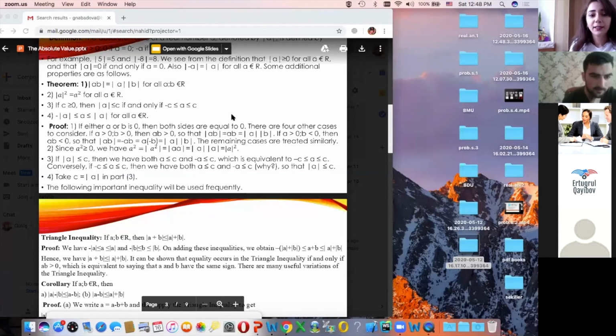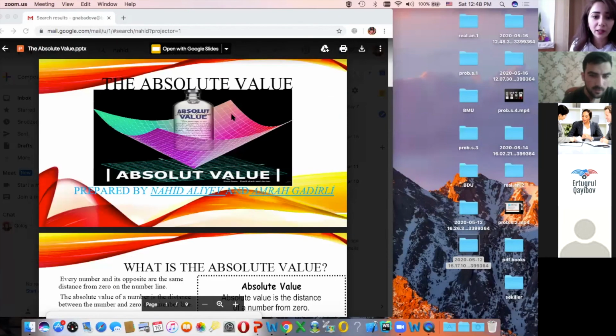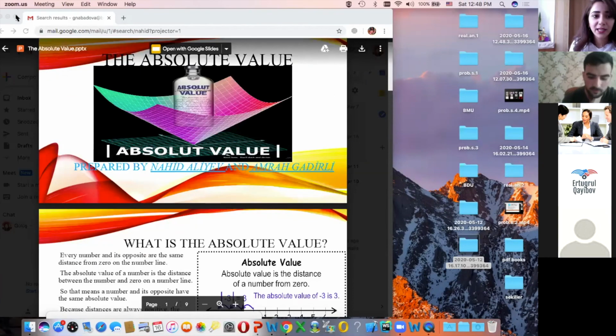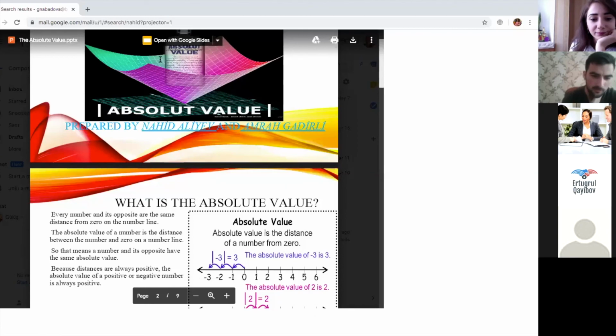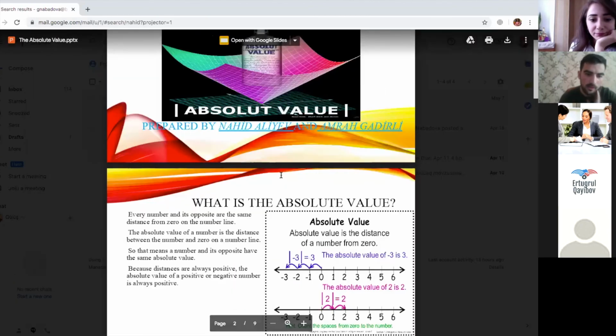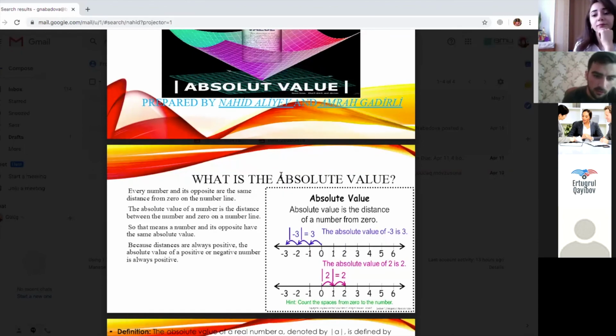Okay, Nahid, your topic is the absolute value. Please start. What is the absolute value? Every number and its opposite are the same distance from zero on the number line.